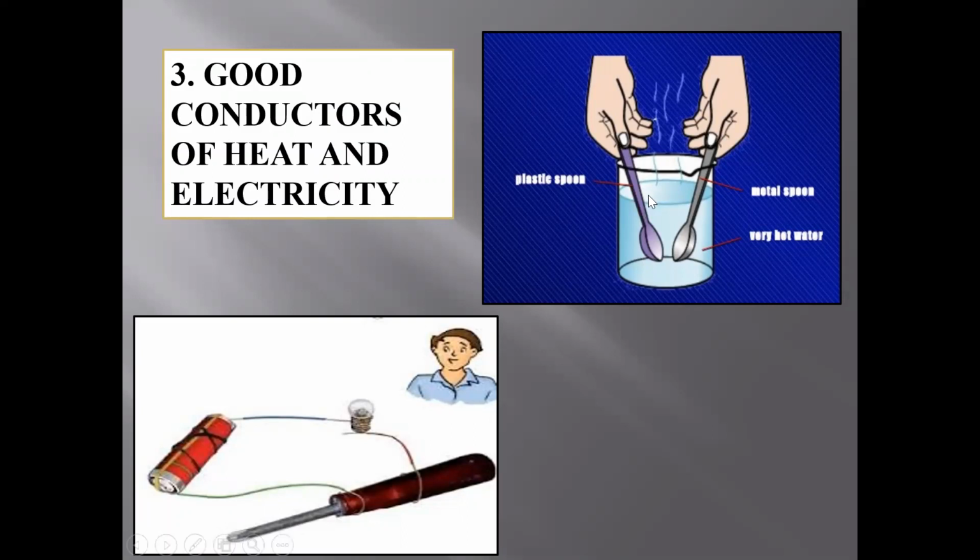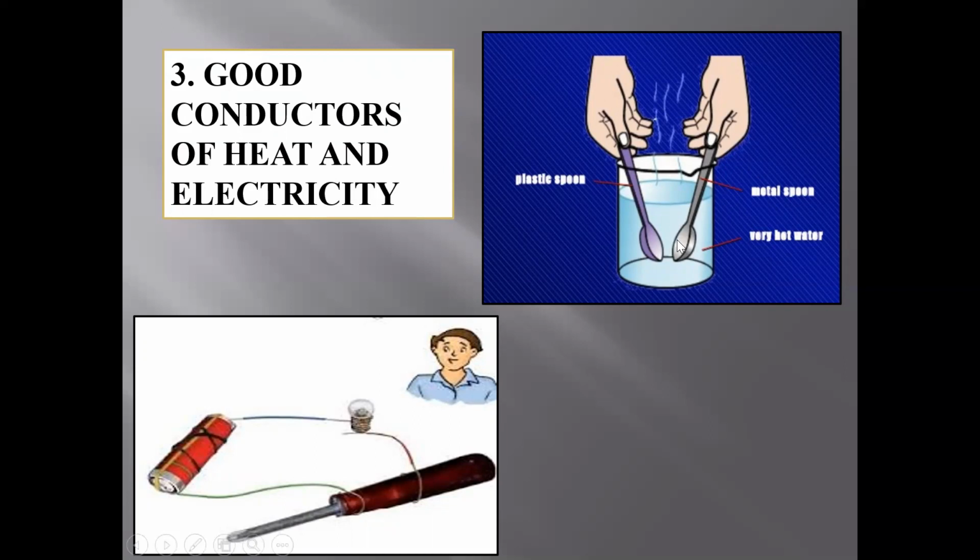tightly, you will see that after some time the plastic spoon will remain as it is, means it will remain cold, or at normal temperature as it was. But when you are holding the metal spoon, students, you will see the heat energy reaches this end, and you start feeling the hot sensation in your fingertips.